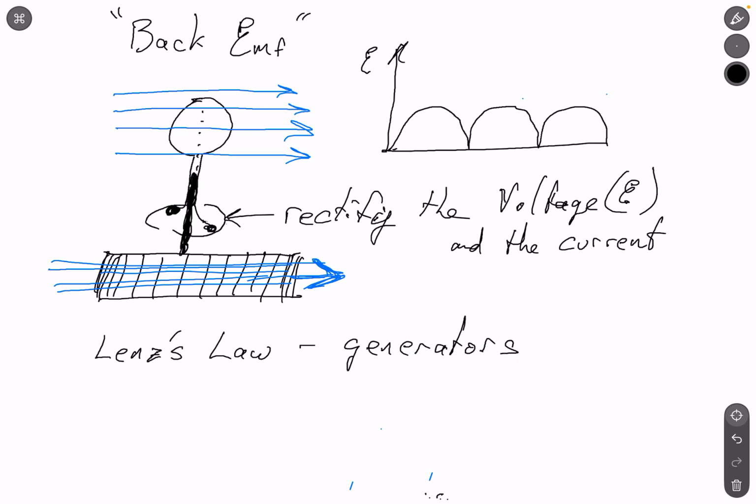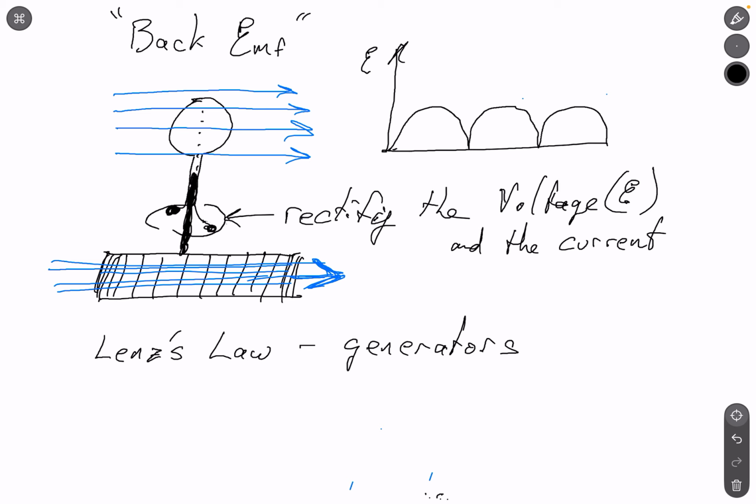Generators cause Lenz's law to give us a back EMF. And it's an EMF that opposes the original main EMF that you're trying to drive, and there's nothing you can do about it.